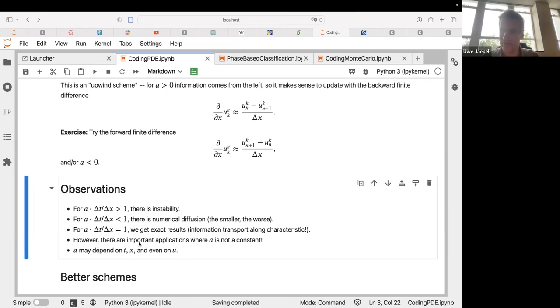So keep in mind that this is not a solution for everything. We cannot say that we choose this dimensionless number and then everything is fine. But we sometimes are forced to make it smaller than or equal to 1.